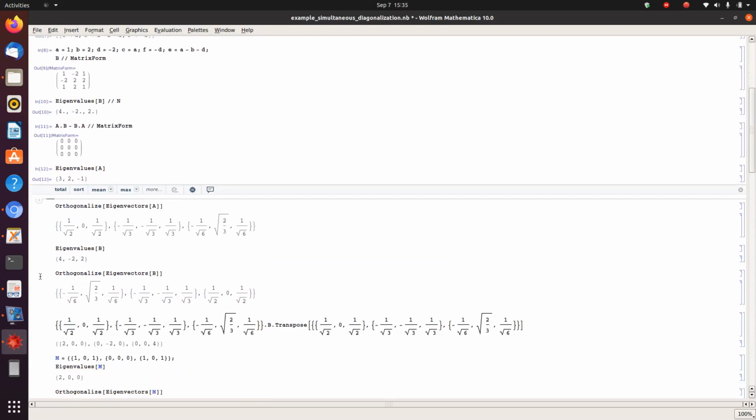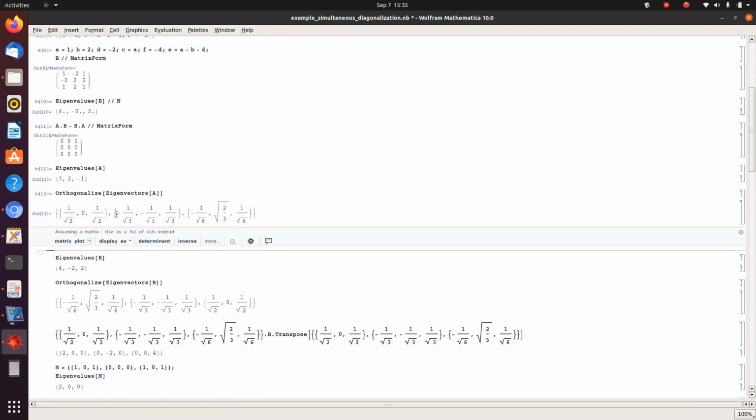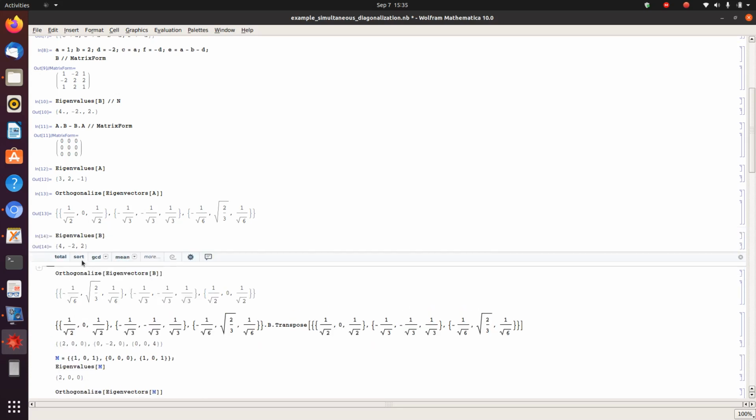Now let me write down the orthogonal eigenvectors of A. If I write down the eigenvectors of A and orthogonalize them, I get these 3 vectors, and the eigenvalues of B are 4, minus 2, 2. So, what do I expect?